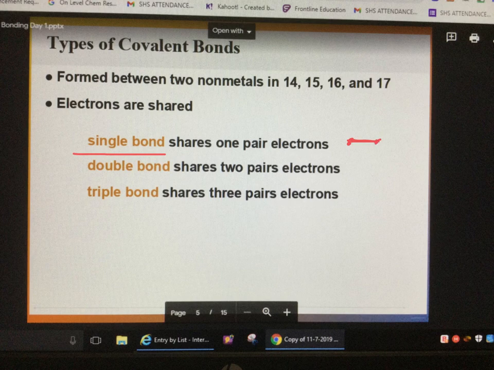If you have sodium and chlorine, sodium is going to transfer that electron to the chlorine. Each bond has 2 electrons. So a double bond would have 1, 2, 3, 4, and a triple bond would have 1, 2, 3, 4, 5, 6. That's how many total electrons they are sharing or transferring.